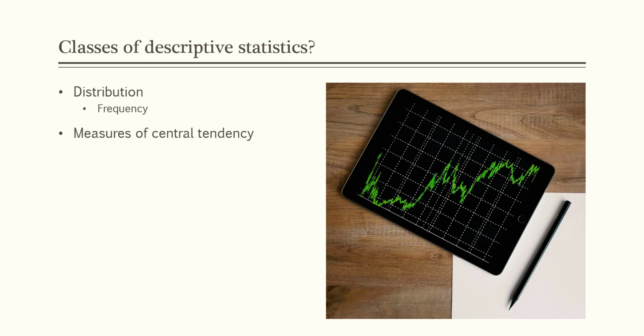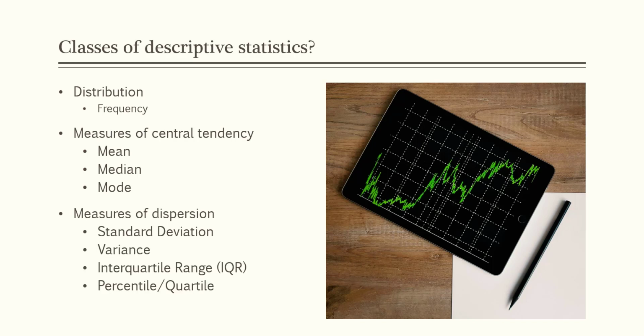There are three measures of central tendency: the mean, the median, and the mode. On the other hand, measures of dispersion describe the spread of the data. They include the standard deviation, the variance, range, interquartile range, and the quartile.